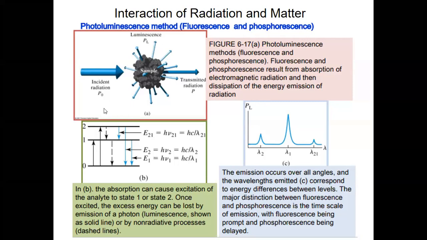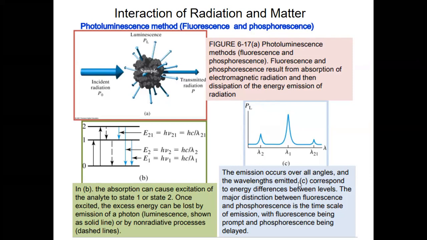The light which is emitted during that relaxation process is called fluorescence. In phosphorescence, instead of coming back from the singlet to the ground state, it goes to another triplet state, and the electron stays there for a certain time, and then comes back to the ground state. Because of that time lag, we call that phosphorescence.